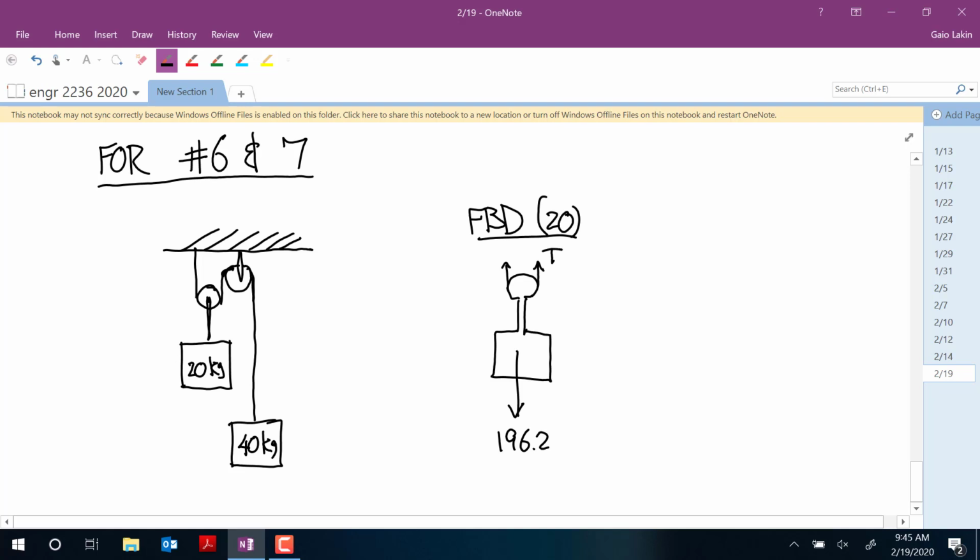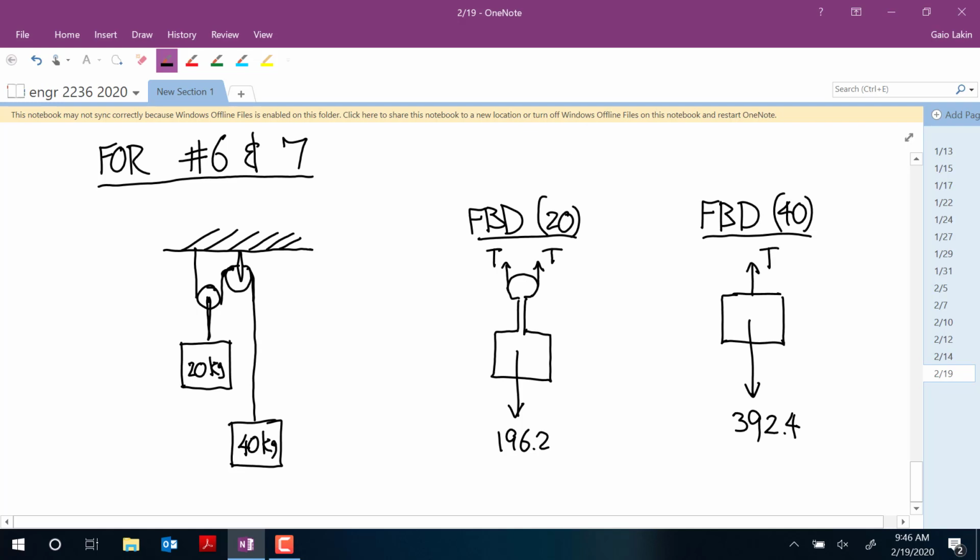And since it's the same cable, those both have a force T. And then a free body diagram of the 40 kilogram mass. We have a weight force of 40 times 9.81, so that's 392.4. And then a single cable contact.